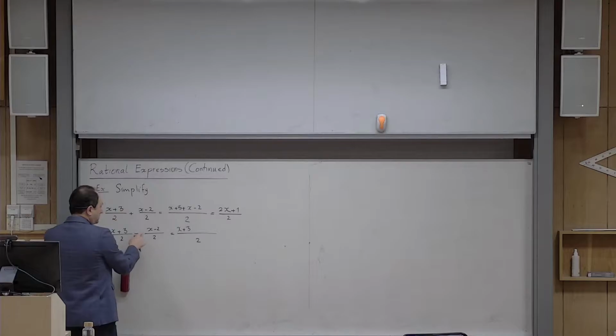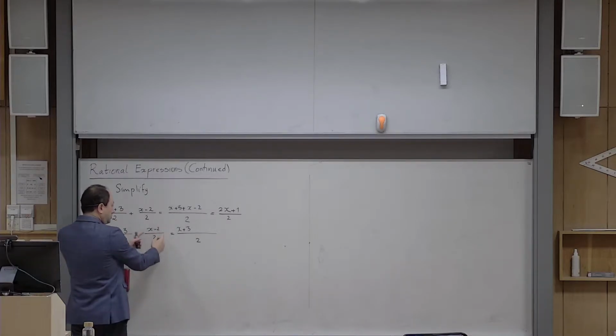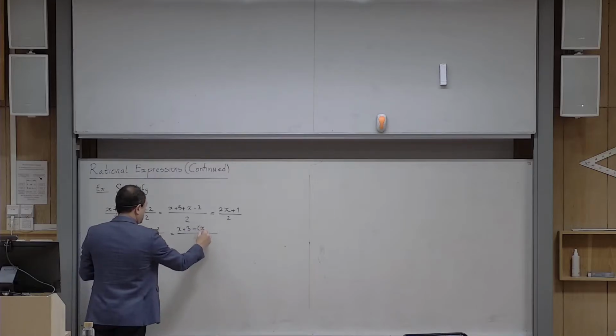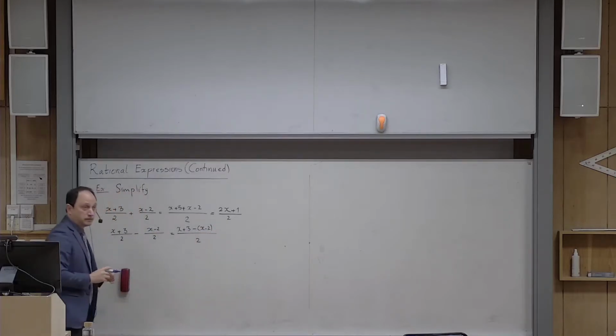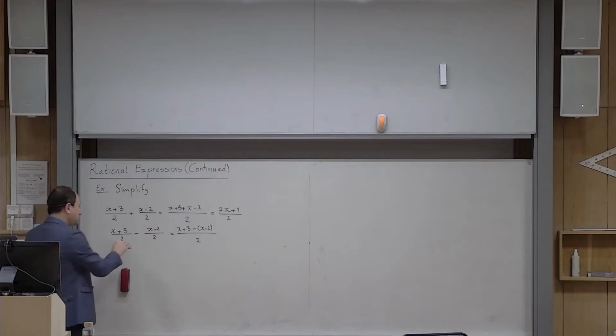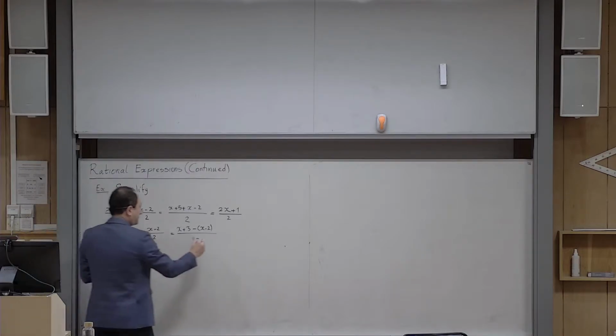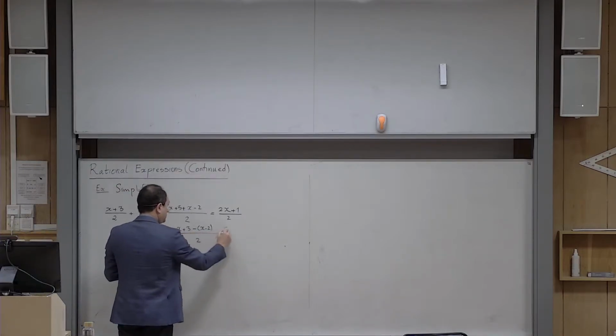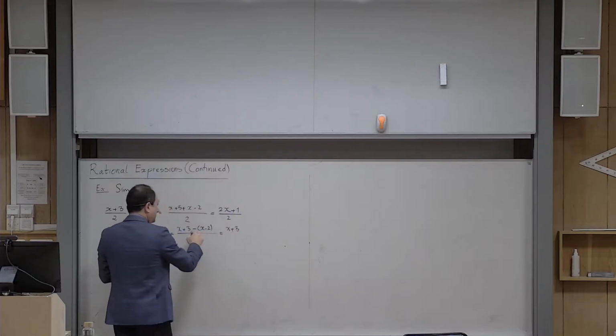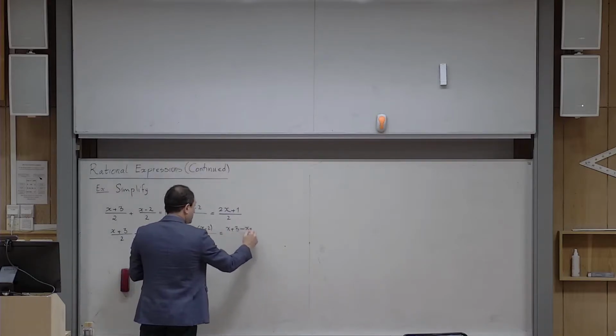This minus sign is not only for the first term, this minus sign goes for the whole numerator. So let me write it in 2 steps. This minus sign is very important. So this becomes x plus 3, and then I have minus x plus 2, divided by 2.